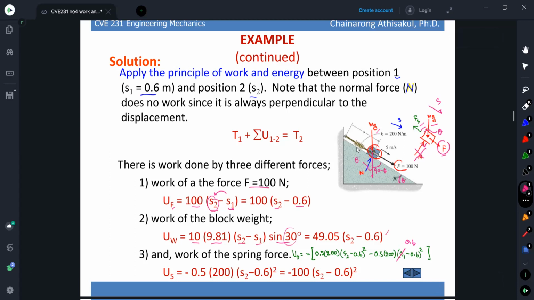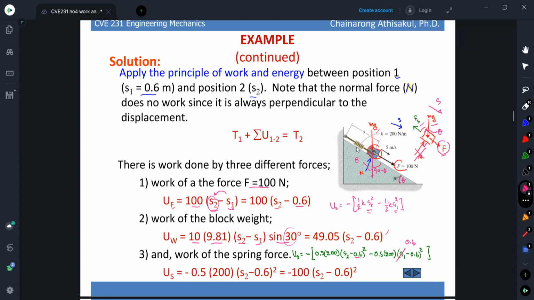For the work of the spring force, we know that Us is equal to minus half k S2 squared minus half k S1 squared, from the formula that we studied last time. But S2 and S1 are measured from the unstretched position, which for this problem is 0.6.